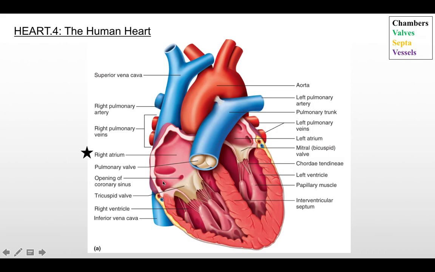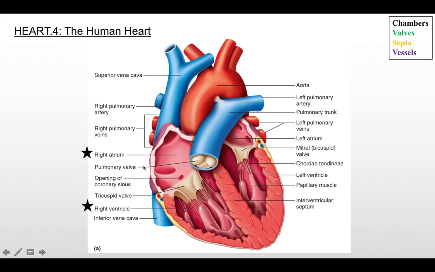The upper chambers, you'll notice, are thinner, much less muscular. They're smoother, and they're called atria. One is called an atrium. The lower chambers are much thicker, and those are called ventricles, and that is where the muscle power for heartbeats comes from. So the atria is more of just a receiving chamber.